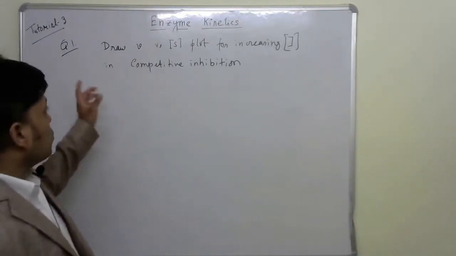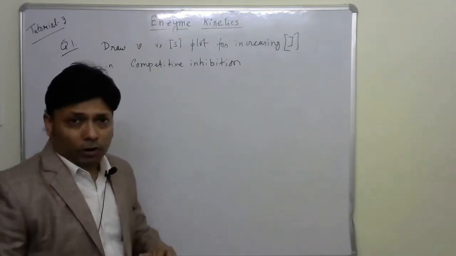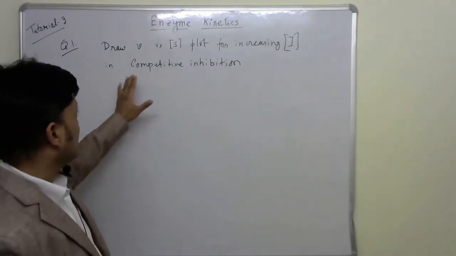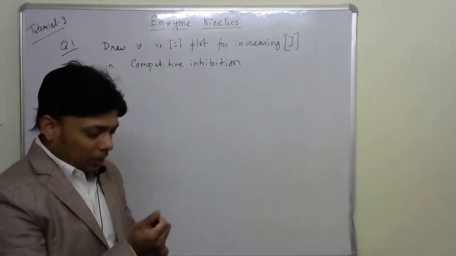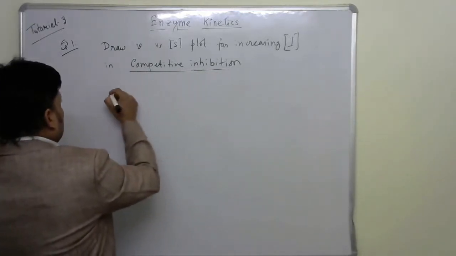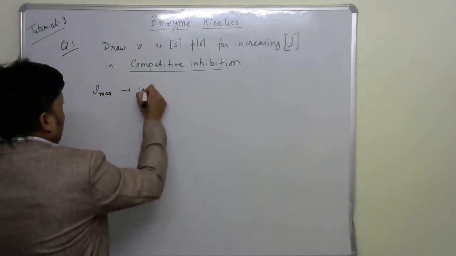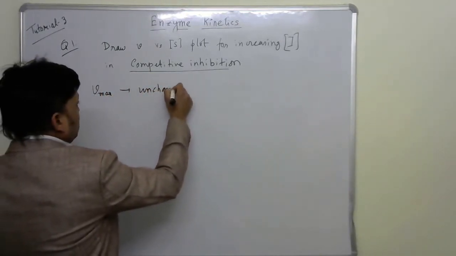So now we come to question number 1. It says, draw velocity versus S plot for increasing inhibitor concentration in case of competitive inhibition. So for competitive inhibition, what happens is that Vmax remains unchanged. So no change.